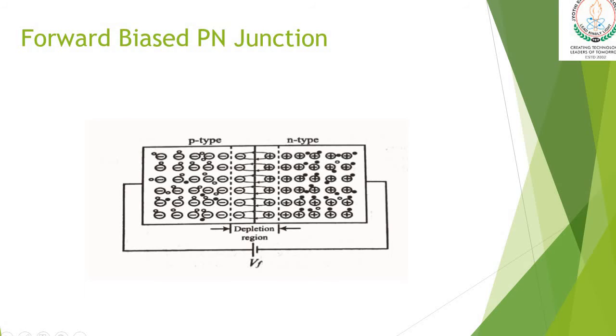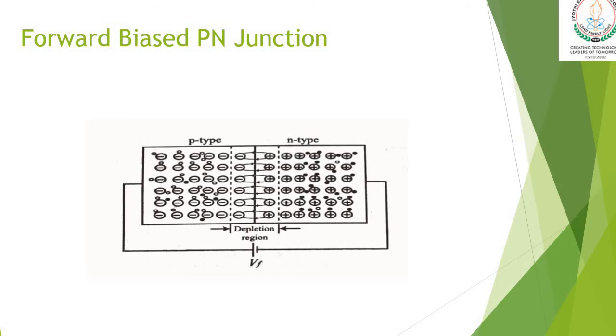So they move across, they repel and they cross, as the junction is already broken. These electrons will move towards the junction and then move to the P and then come out.